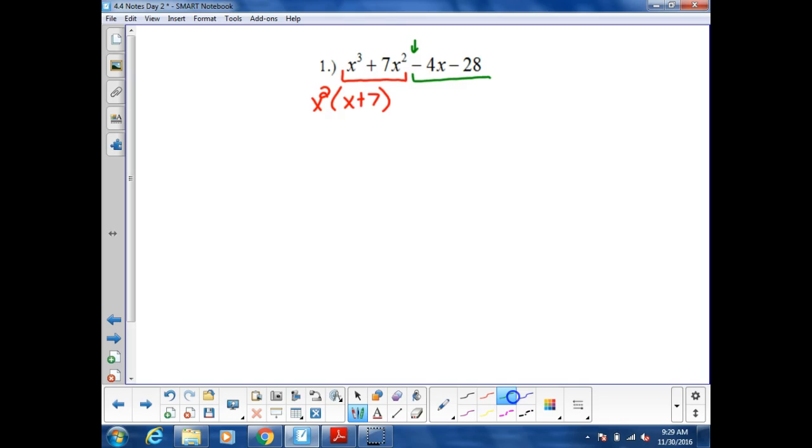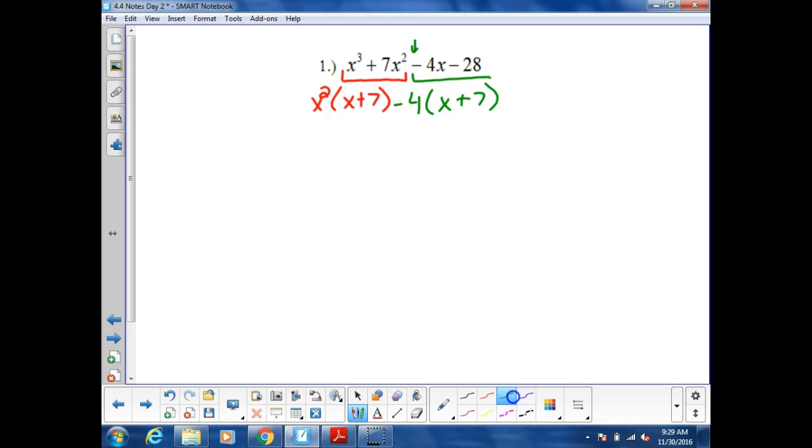If that sign there is positive, you're going to factor out a positive number. If that sign is negative, you're going to factor out a negative term. Okay? So what are you going to factor out there? Negative 4. Okay? If I factor out a negative 4, then that leaves me with x plus 7.